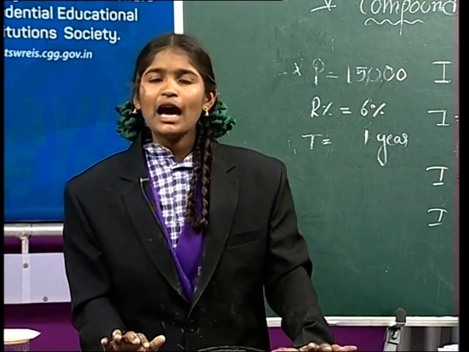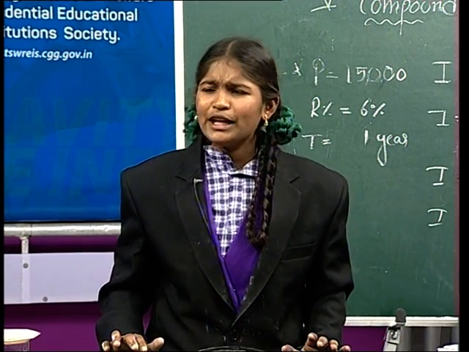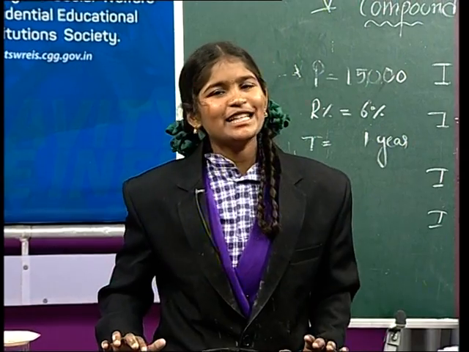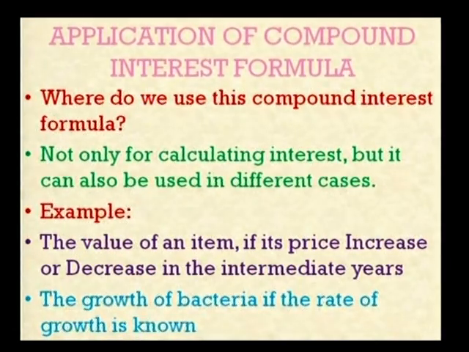Okay. Now, where do we use the compound interest formula? Not only for calculating interest, but it can also be used in different cases. Examples: the value of an item, if its price increases or decreases over the intermediate years, and the growth of bacteria, if the rate of growth is known.